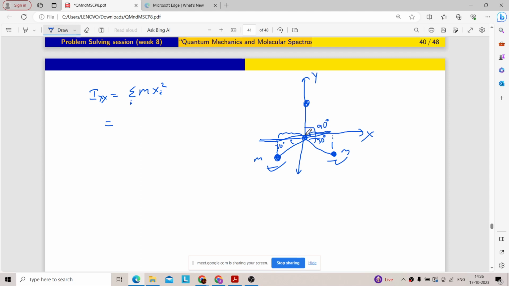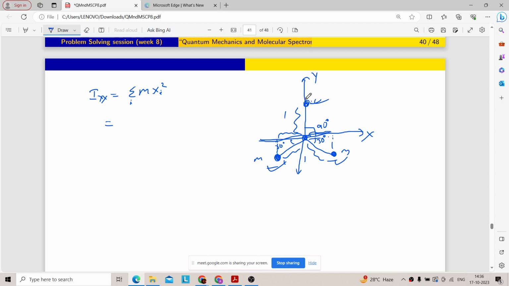So we need to calculate the distance from this axis. This one is given as unit distance, this is unit distance, this is unit distance. So its contribution will come partially as a projection.